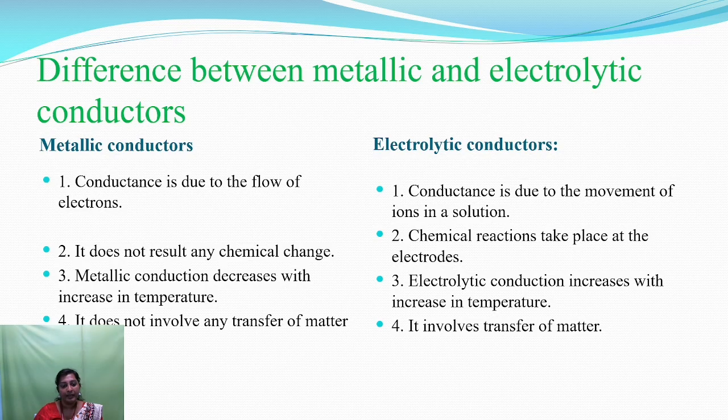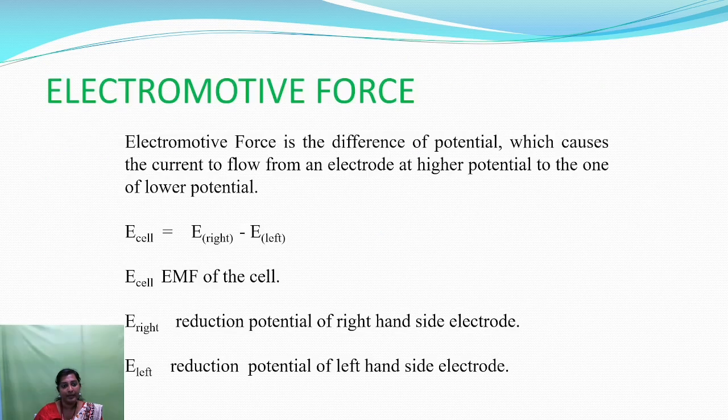Second, metallic conductors do not result in any chemical change, but in electrolytic conductors, a chemical reaction takes place at the electrodes. Third, metallic conductance decreases with increase in temperature, while electrolytic conductance increases with increase in temperature. Fourth, metallic conduction does not involve any transfer of matter, while electrolytic conduction involves transfer of matter.